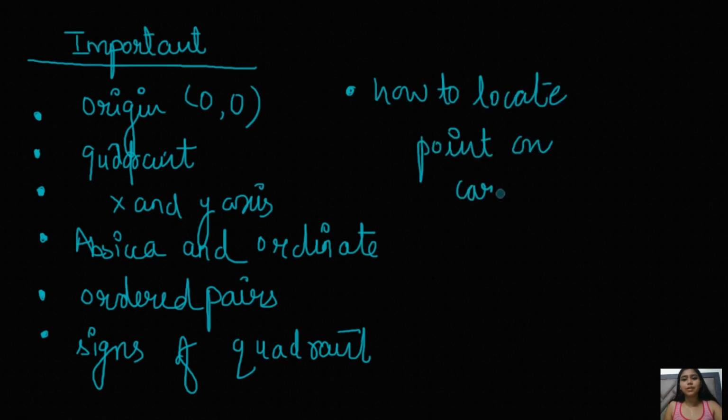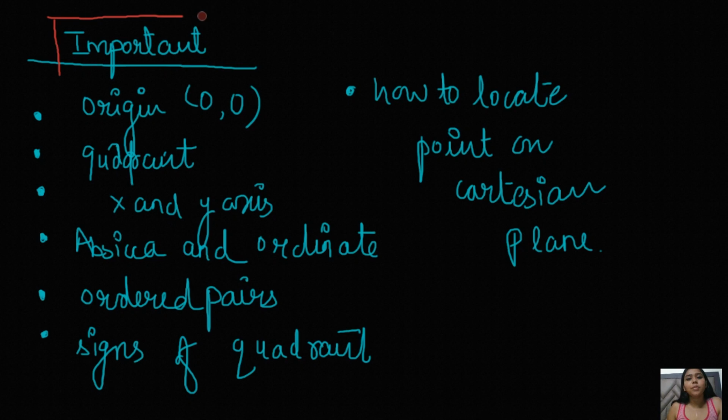on the Cartesian plane. Also people, let me tell you, there is a very big difference between the Cartesian plane and the number line. That very big difference is this: in the case of the Cartesian plane, two variables or two coordinates can be marked, whereas in the case of the number line we can mark only one point, because in the case of the number line only one variable is present.